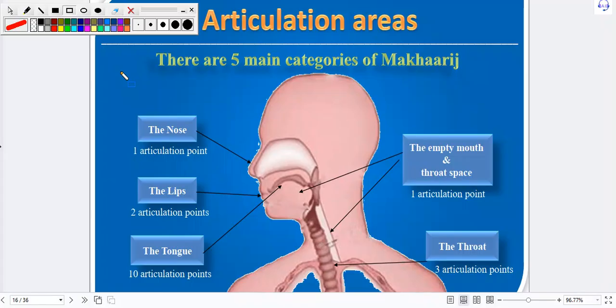That's it. Every day we are going to learn Arabic alphabets, and I'm going to share very important information with you, because it's very important.